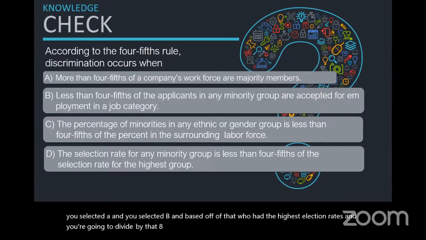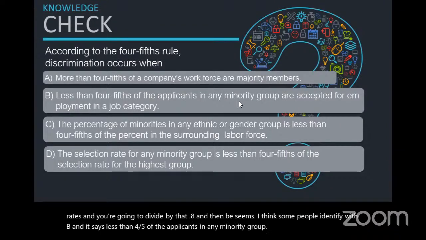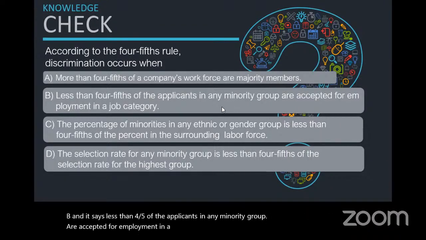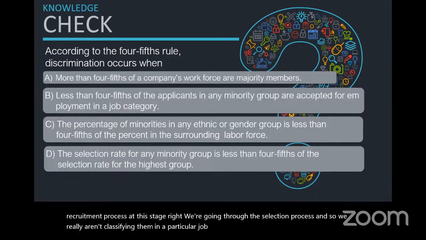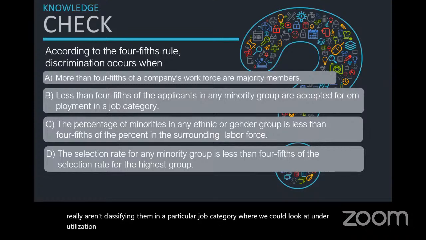Then B, I think some people identified with B, and it says less than 4/5 of the applicants in any minority group are accepted for employment in a job category. Again, we're just going through the recruitment and selection process at this stage. We really aren't classifying them in a particular job category where we could look at underutilization, some AAP data or even some EEO data, but that is not what the question is asking.